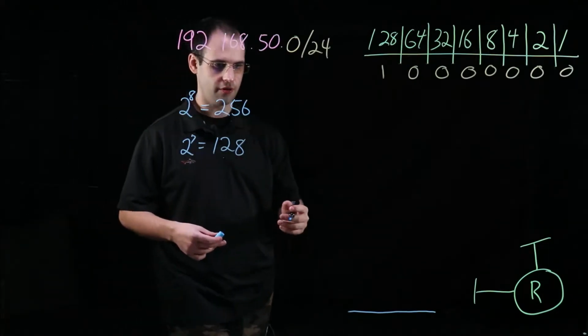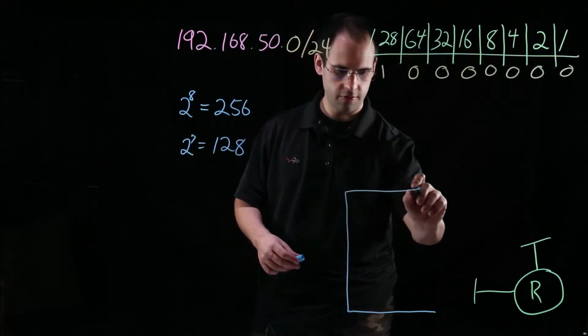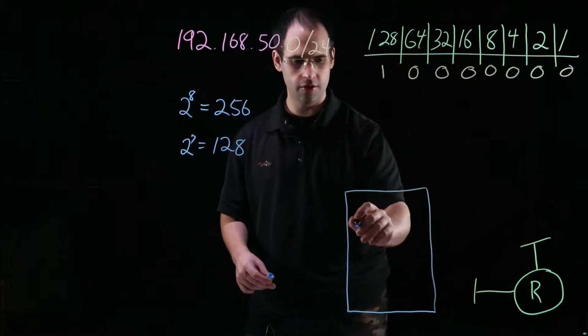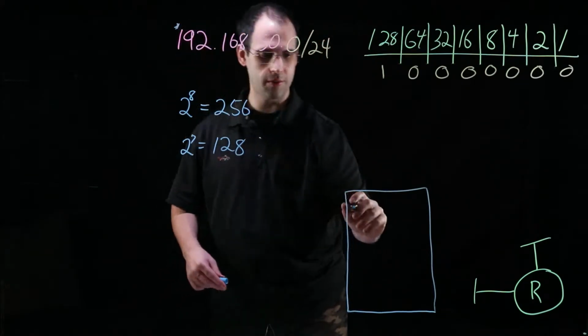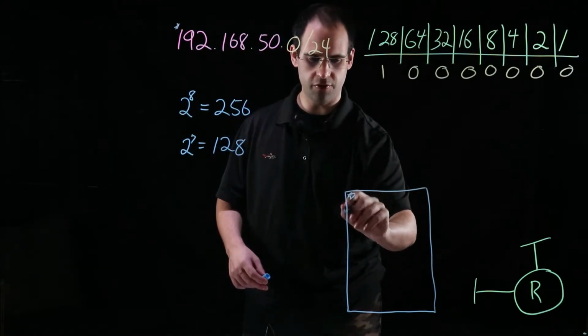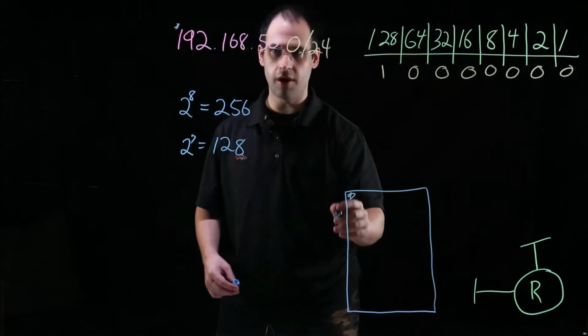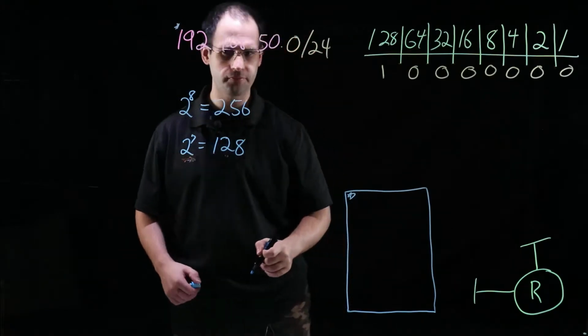But remember, if I draw a box here, imagine this rectangle represents this network up here, right? That entire rectangle represents my 192.168.50.0/24.